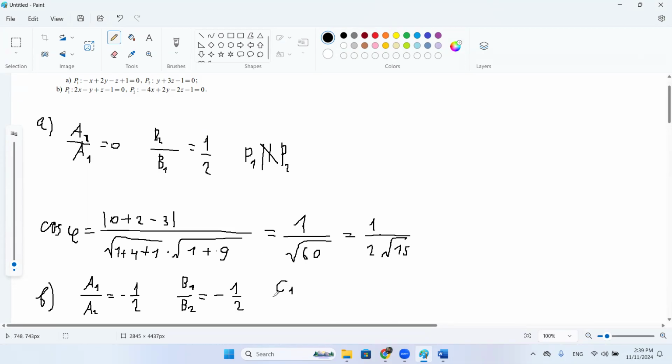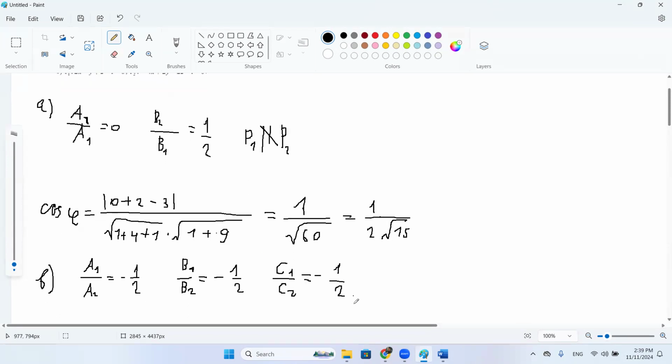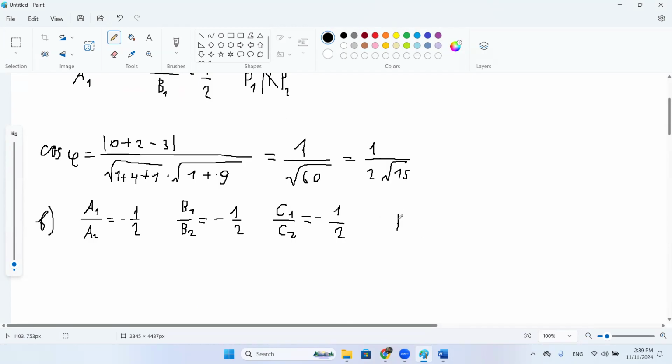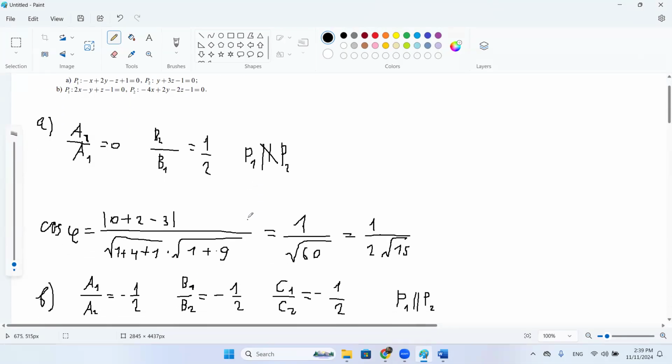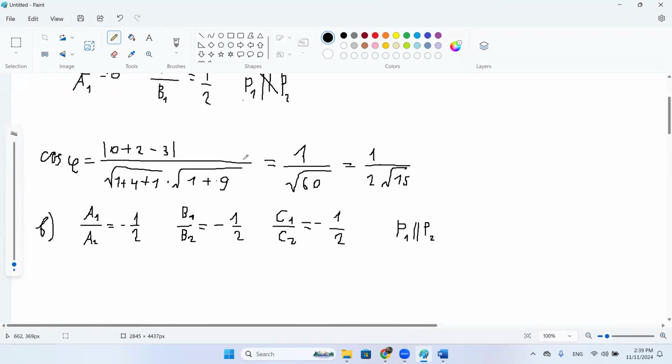And C1 by C2 equals minus 1 second. So P1 is parallel to P2. So we need to find the distance between these planes.